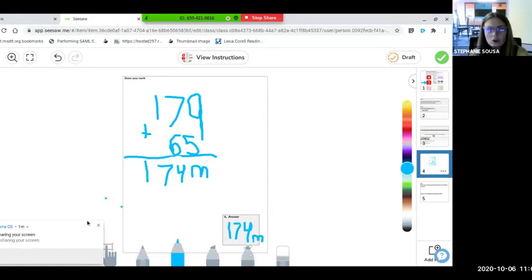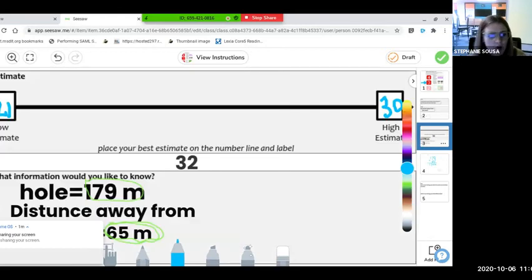Okay. Can you go to slide 3 for me on your work, slide 3? Awesome. So the hole is 179 meters. Can you just decide that it's going to be bigger? So we should not actually be adding because, look at your addition work.